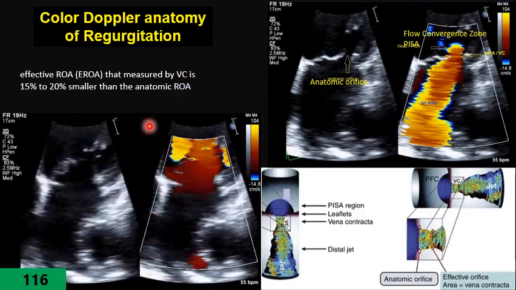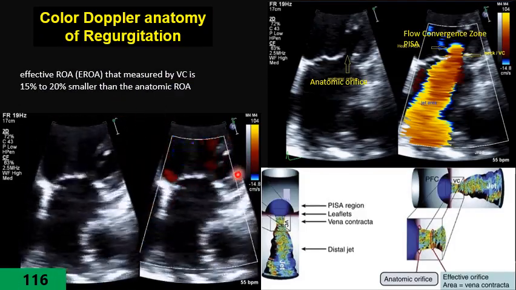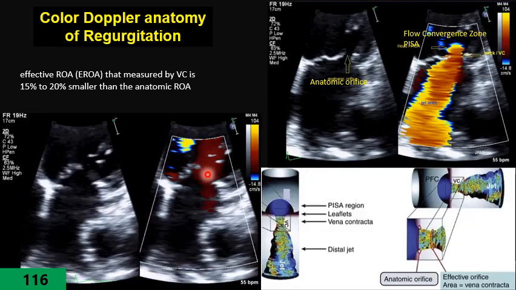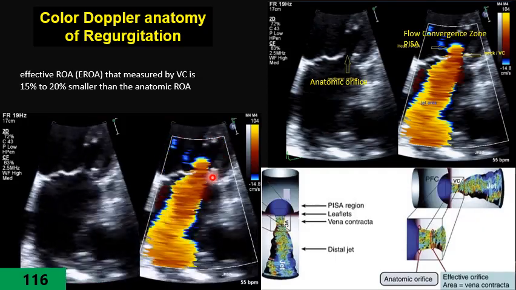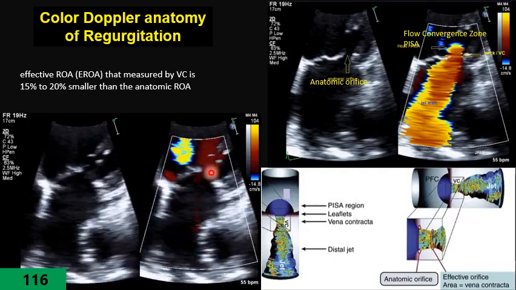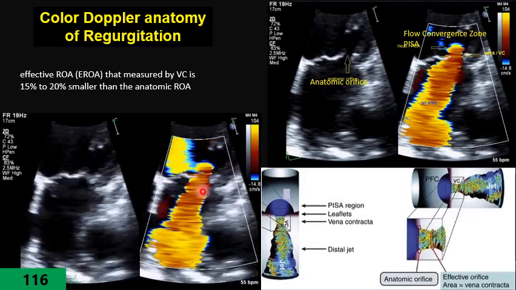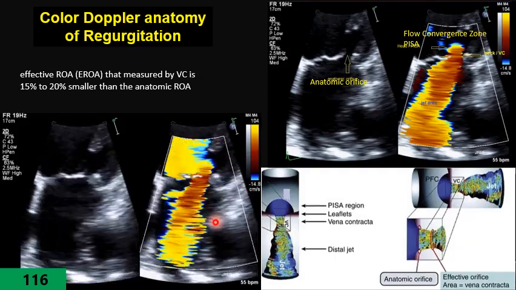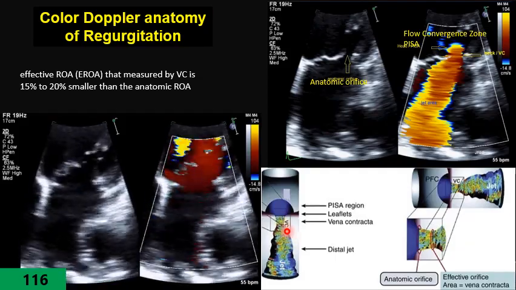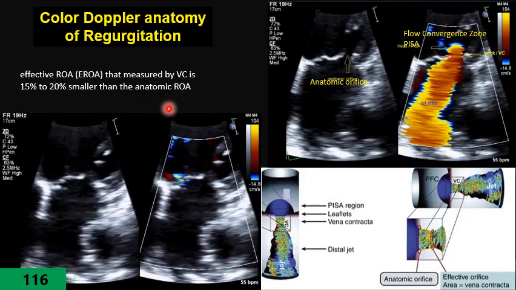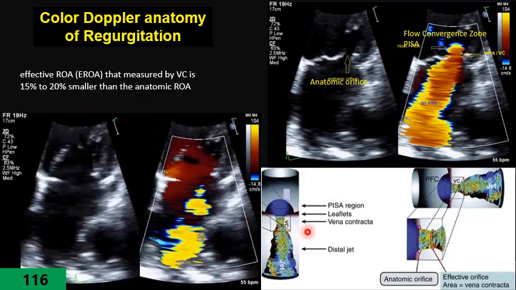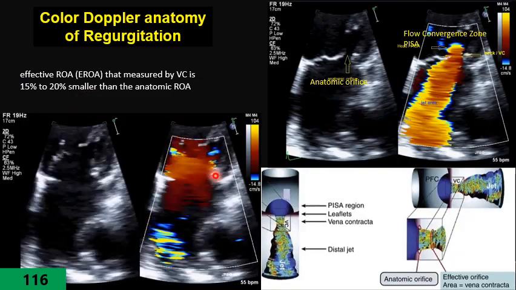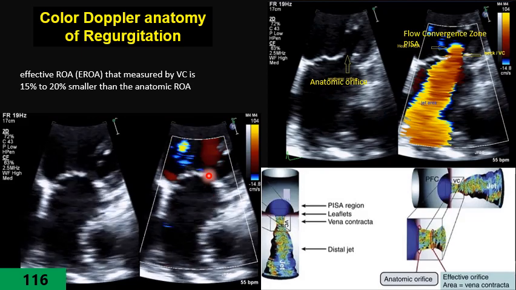Another thing I want to mention: if we measure the orifice area of the mitral valve based on the diameter in two or three dimensions, and we measure the effective regurgitant orifice area by the VC, the result by the VC technique will be 15 to 20% less than the orifice area of the mitral valve.